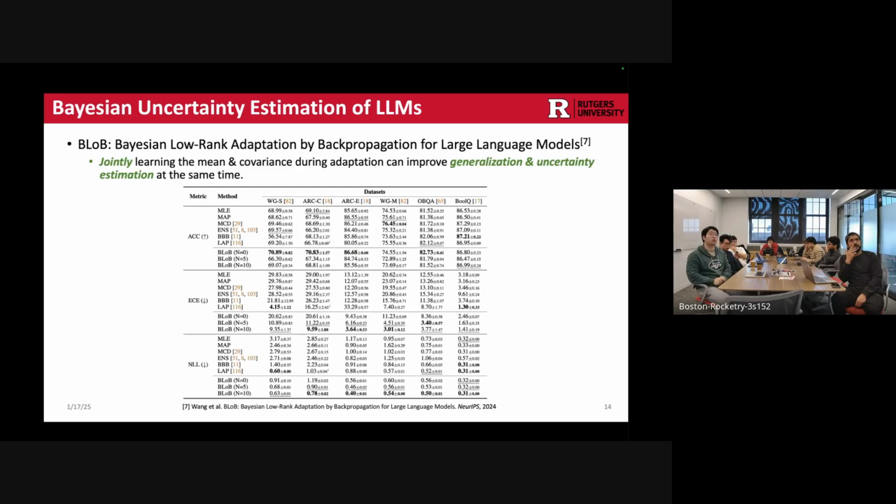But the results show that joint learning of the mean and the covariance in the adaptation can improve the generalization and uncertainty estimation at the same time. I will not go into these rows in detail, but this is the main conclusion that we have. So this is the main table. Maybe if you can summarize very quickly, what I'm seeing here is that across the different datasets, each one of which is some kind of classification task.